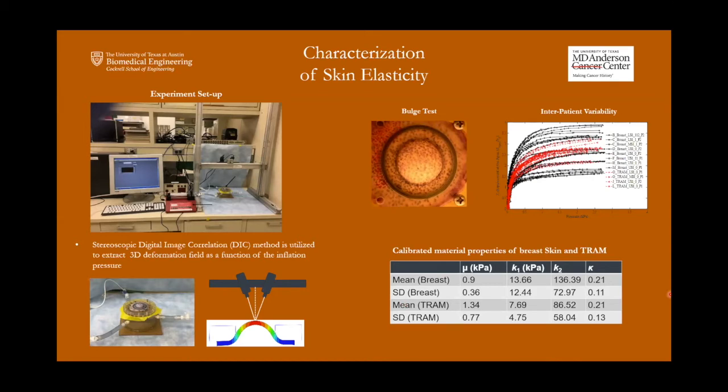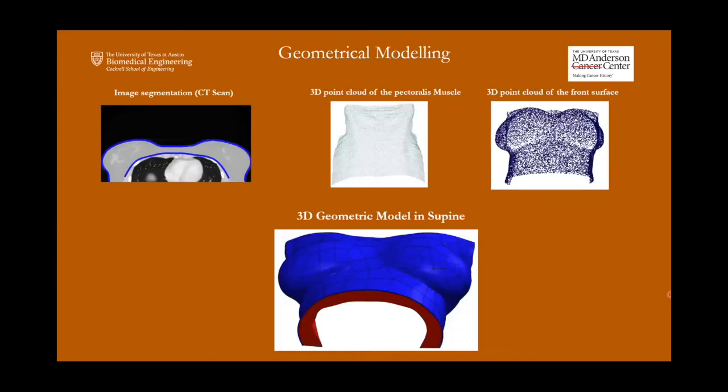table here. As for geometric modeling, we start with using CT scans or MRI scans for patients either in supine or prone. Here I'm showing the case for a patient in supine position, where through segmentation, we can get the 3D point cloud for the pectoralis muscle and for the front surface.